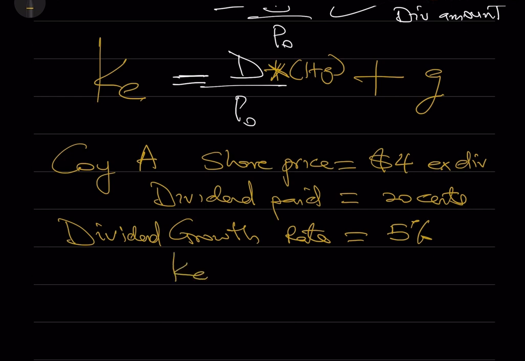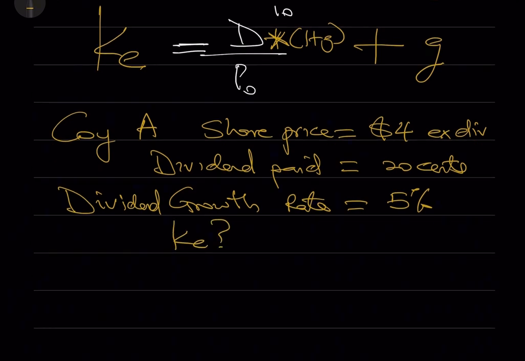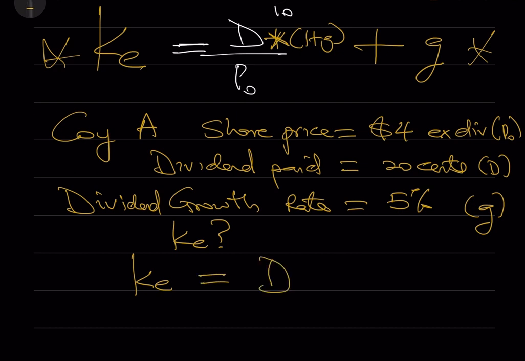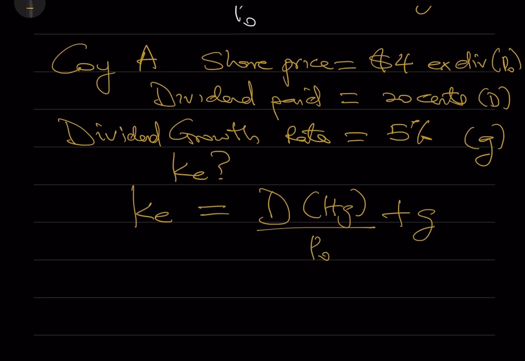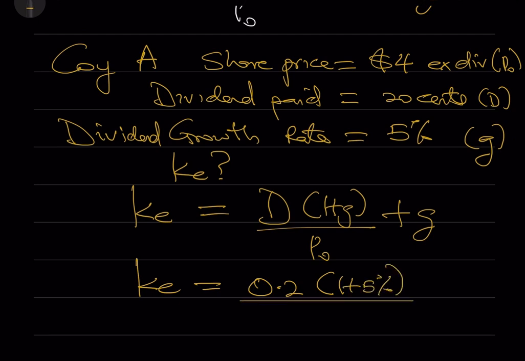Now you are being asked to calculate cost of equity. So now you know G, this is G, this is dividend, and this is price. We're going to apply this formula: cost of equity equals D into bracket 1 plus G, divided by P naught, plus G. So cost of equity equals, our D is 20 cents, which is 0.2, G is 5%, so 1 plus 5%, the brackets, price is 4, then plus 5%.